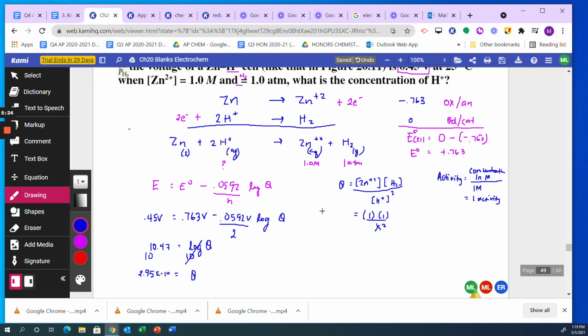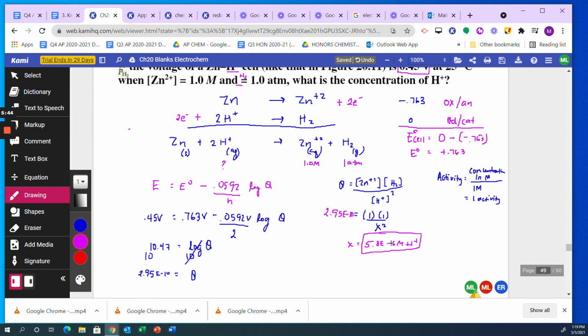Okay, I'm going to plug that into here. 2.95 e negative 10. Solve for x. And x should be 5.8 e negative 6 molar of H plus.